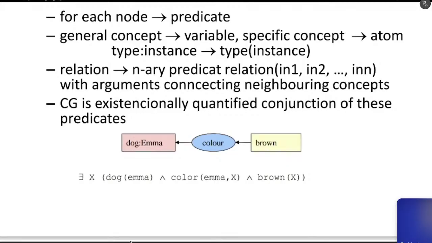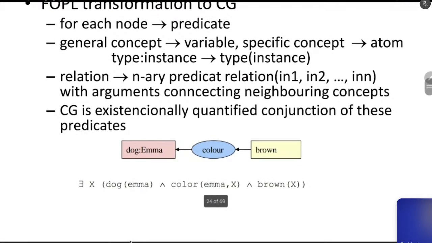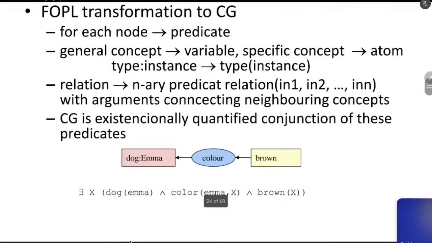So how do you represent this using a conceptual graph? You write down the concepts. You have dog Emma, you have brown, and both of them are related through color. Brown is the color of dog Emma. So you can simply draw this conceptual graph. They're saying every predicate becomes a node.